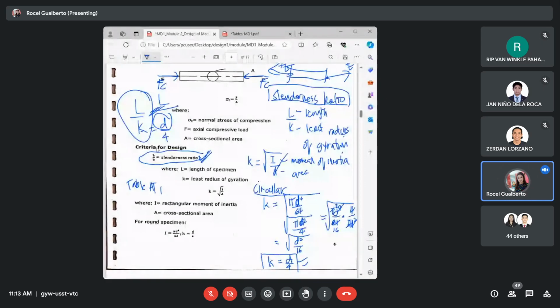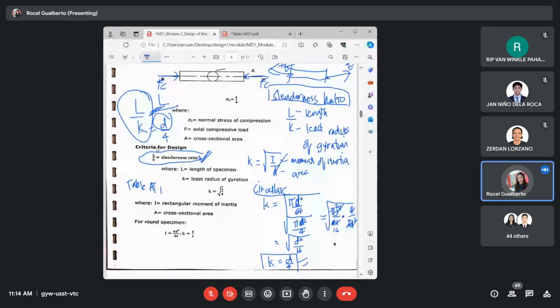So paano pong gagawin namin doon? Sabi niyo po kanina, para po makastart po ng design, dapat alam muna natin yung cases which are dependent on the slenderness. So paano po ako magde-design yan? Ayun nga po yung wala. So ano po ang gagawin?